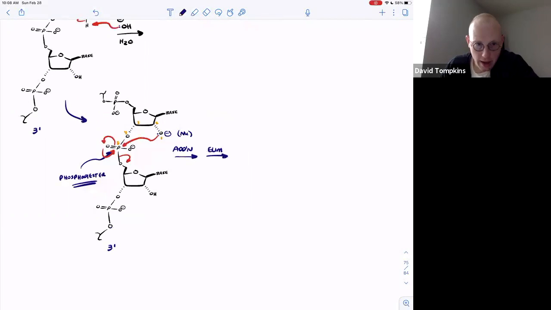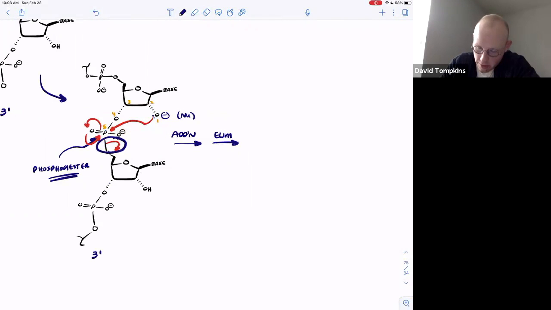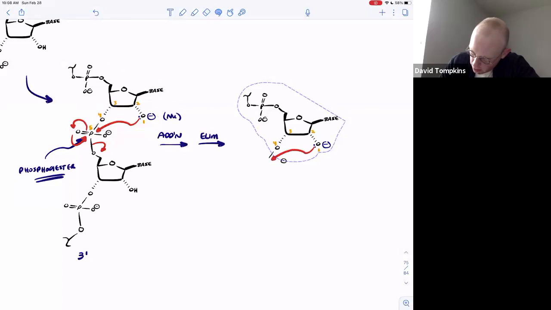And then what we're going to have are 2 separate products, right? This arrow here shows that phosphodiester bond breaking. So you'll have the 5' end, where now we've got the cyclic structure.